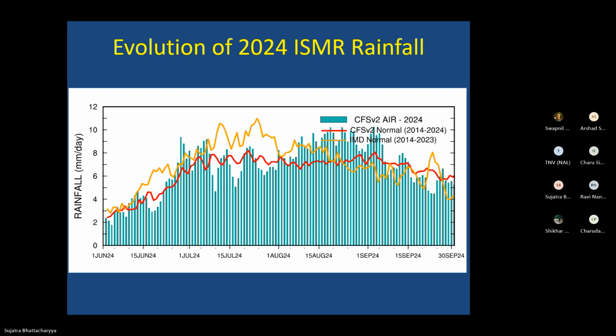Rest of the time, except near the end of June, beginning of July, the next 2-3 weeks, it shows high rainfall. But otherwise, most of July, this model is showing well below its own climatology and IMD. So this is an interesting thing to look at, and when the season is over, I'll put this back and we'll see what we can learn.